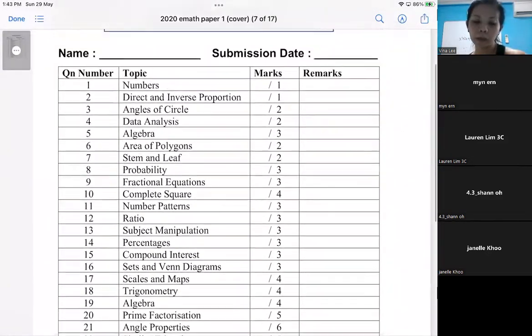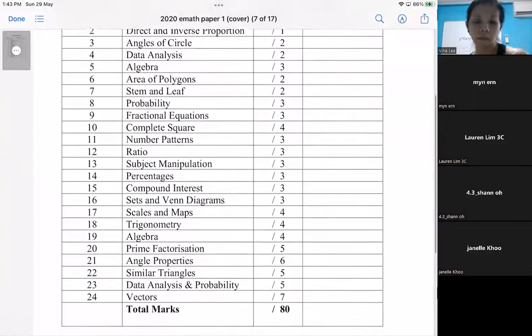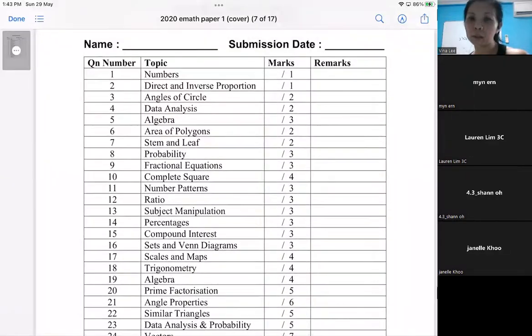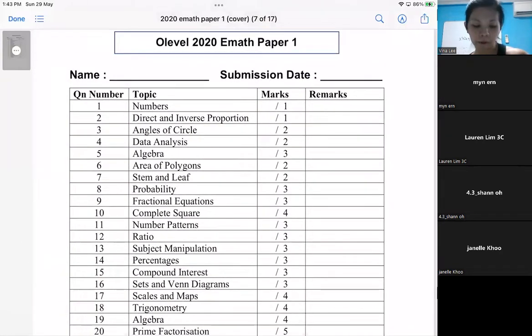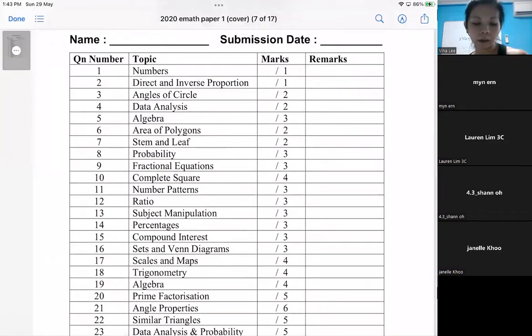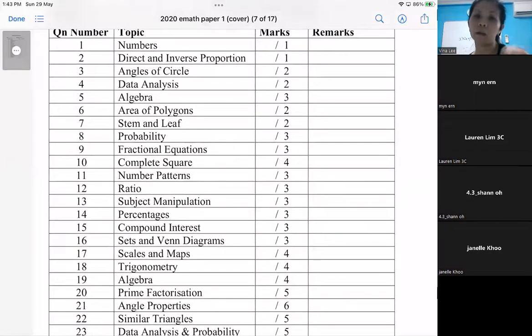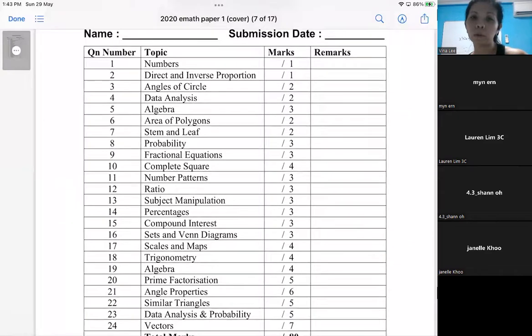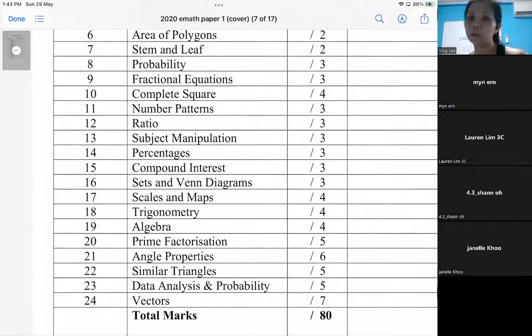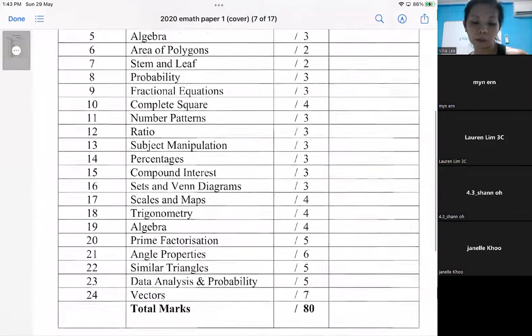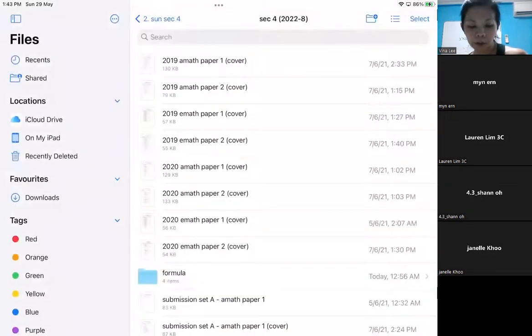Usually I will make a remark on what kind of mistake it is: is it a careless mistake, a calculator mistake, a never-read-carefully mistake, or a formula mistake? Under the remark column, I will usually write something. So at a glance, you can see which topic made you lose marks and what the issue with you is, where the general issue is. So you will be more aware of your own mistakes.